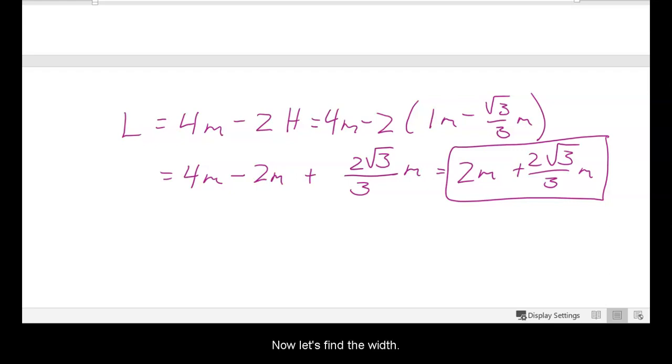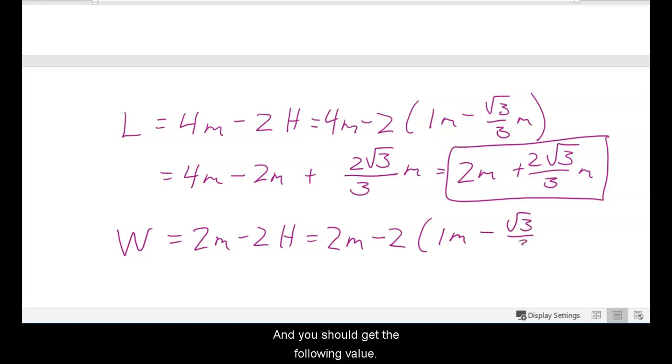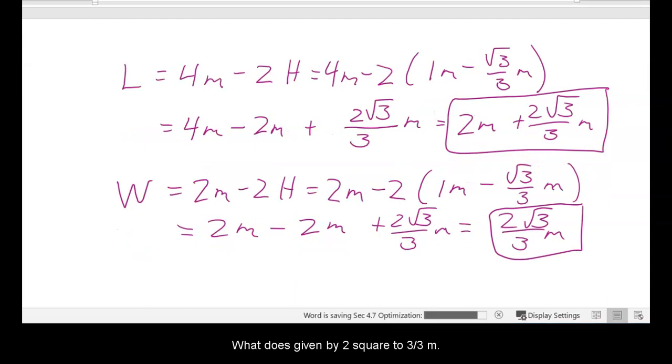Now let's find the width. The formula for the width was given by 2 meters minus 2 times the height. By plugging in the value of our critical point where the maximum occurs, I can find the value of the width. And you should get the following value. The width is given by 2 square root of 3 over 3 meters.